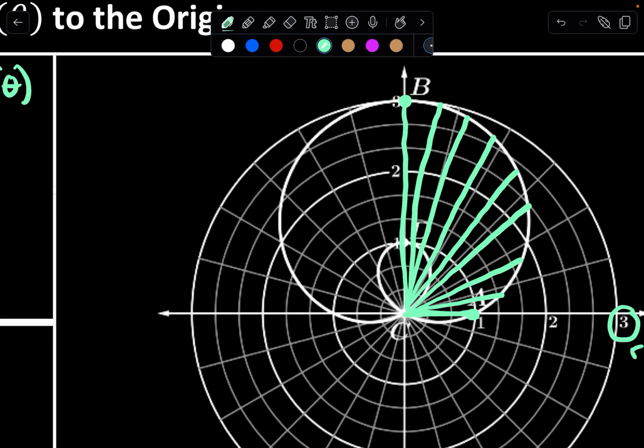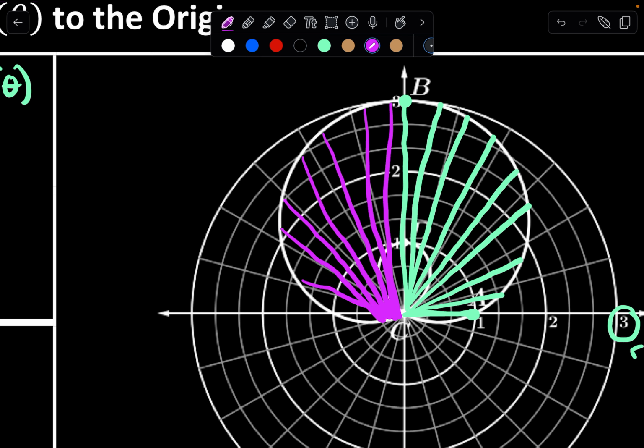Now, when I hit B, the curve is going to start decreasing because the radius is positive, but now it's getting closer to the pole, which means the radius is decreasing. So the pink, we're still traveling around. We see that the distance from the pole to the expression is getting smaller and smaller and smaller.